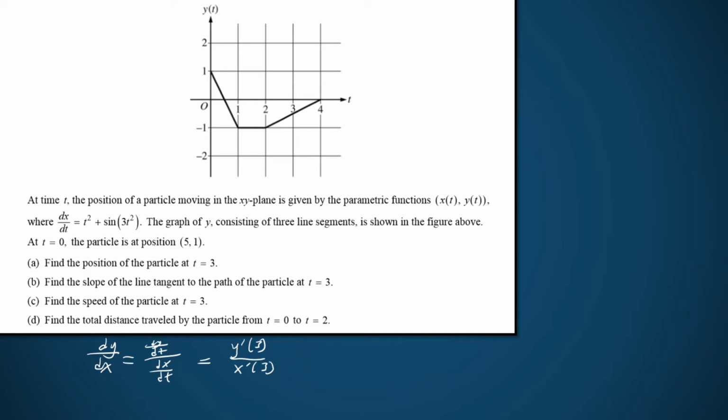Okay, what's the derivative of y at 3? 2, 1, so that's my 1/2. Okay, positive 1/2. And then x prime at 3, we're going to plug 3 into this equation. So, yeah, just plug in.